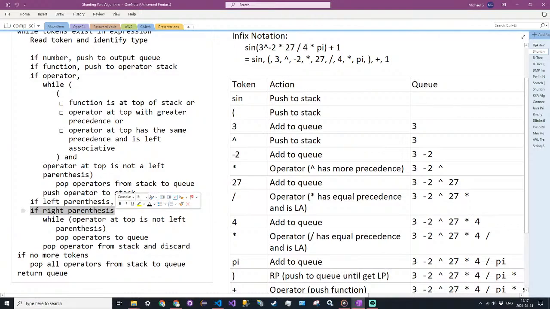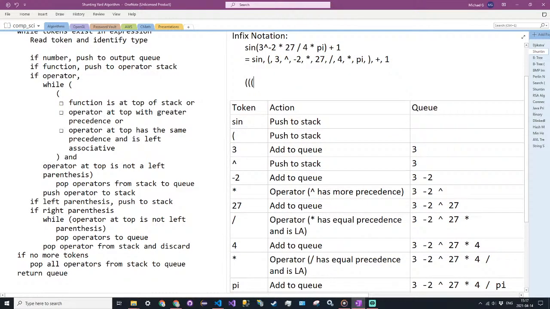So if you've taken a comp sci class, when you learned about stacks, you most likely would have learned about how stacks can be used to evaluate parentheses expressions. So you can evaluate the validity of a parentheses expression just to make sure everything is balanced.